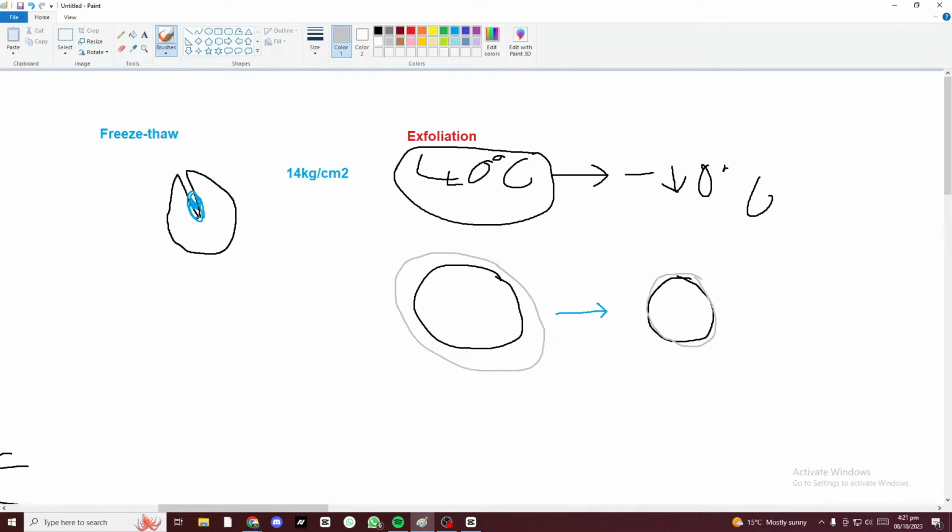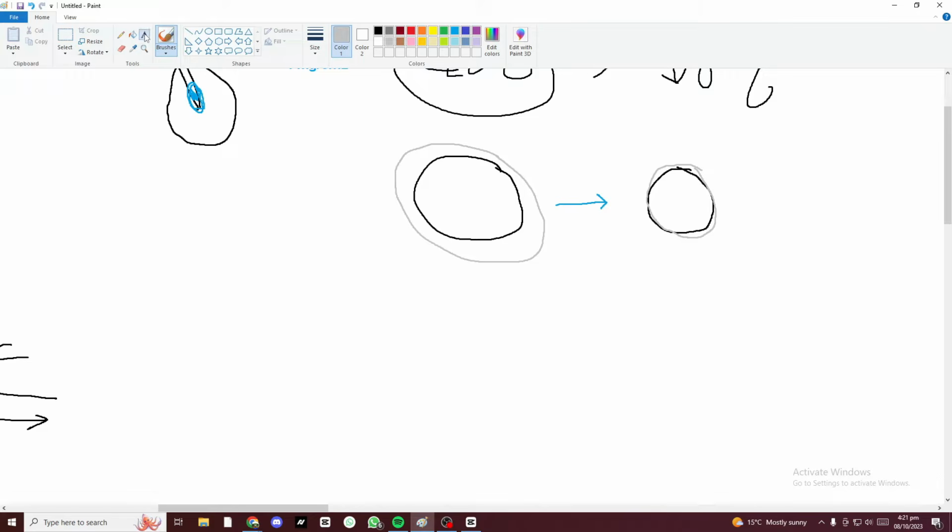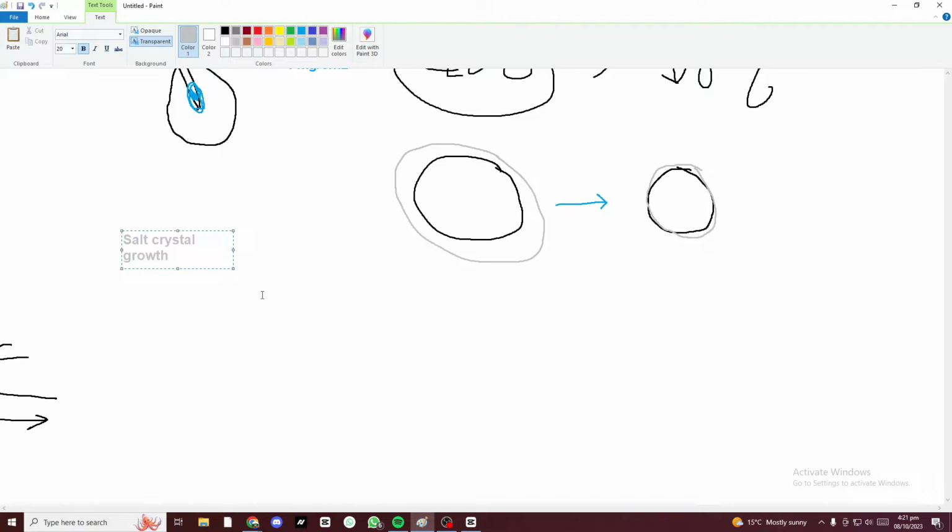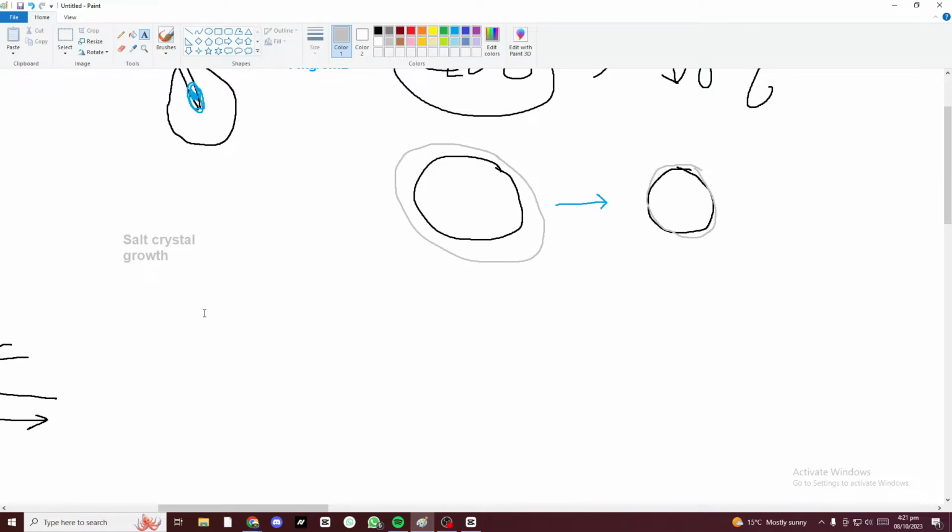Okay, now we get to the next type, which is, let me put it over here, salt crystal growth. Salt crystal growth occurs because of salt water entering cracks in rocks.